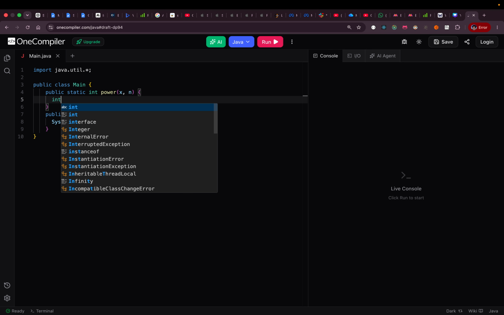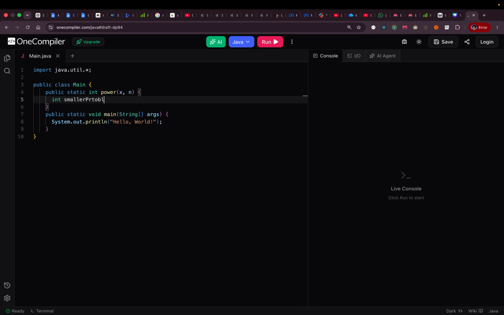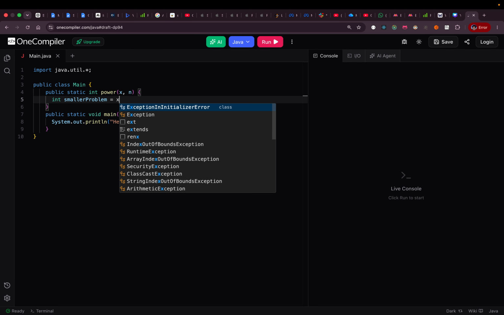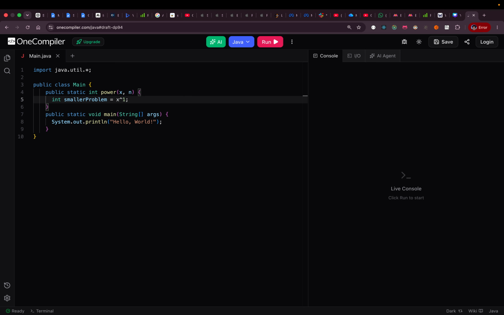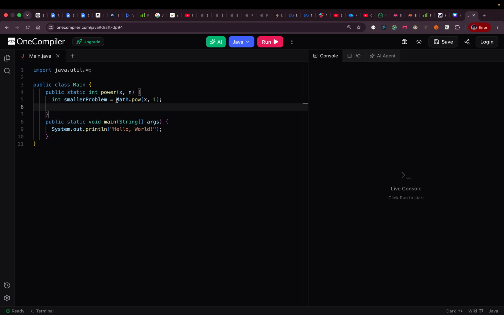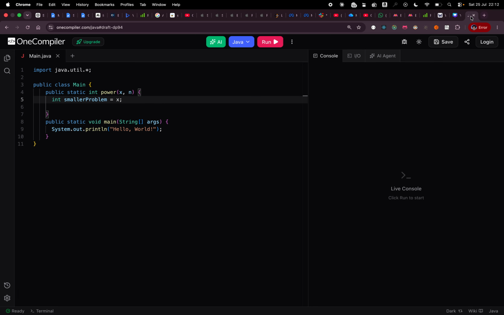I will say int smaller problem is equal to x power 1. So I can just say math.pow x comma 1. And x power 1 is simply just x, isn't it?